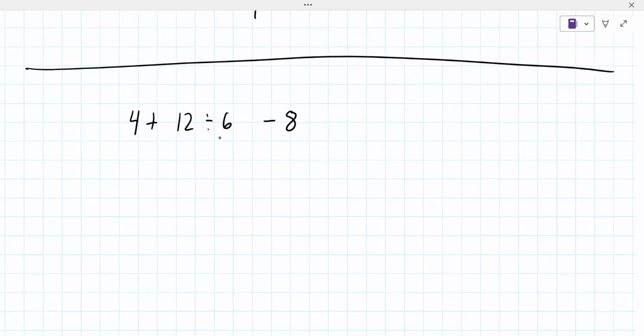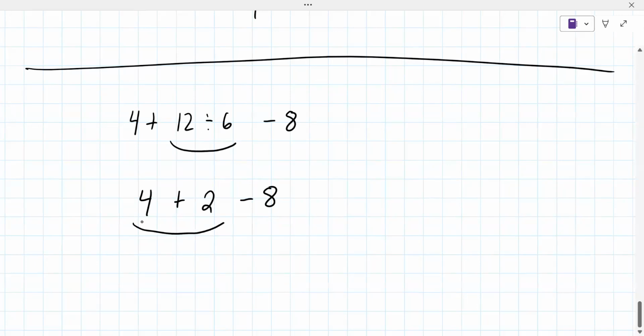Let's say it's 4 plus 12 divided by 6 minus 8. What do we do first in this problem? 12 divided by 6. What does that become? 2. So 4 plus 2 minus 8. 4 plus 2 is 6.